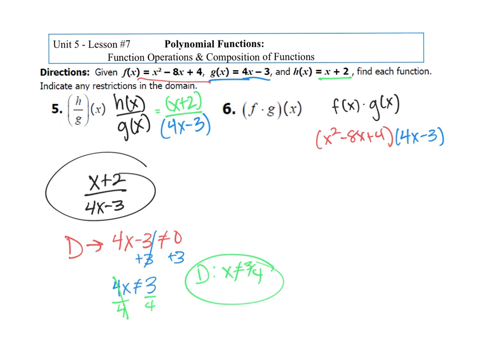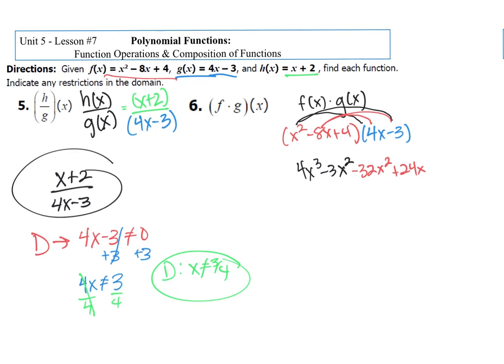Starting with the first term in the first set, we go x squared times 4x is 4x cubed. x squared times negative 3 is negative 3x squared. And then we move on to our next term, which would be negative 8x, and it gets multiplied to 4x for negative 32x squared. And then negative 8x gets multiplied to negative 3 to make positive 24x.